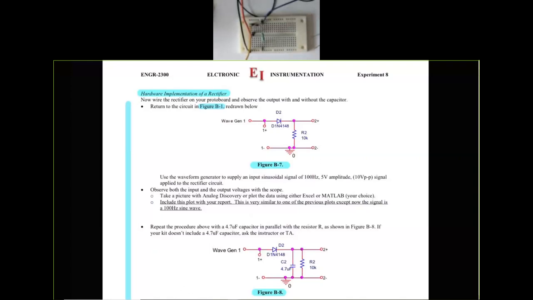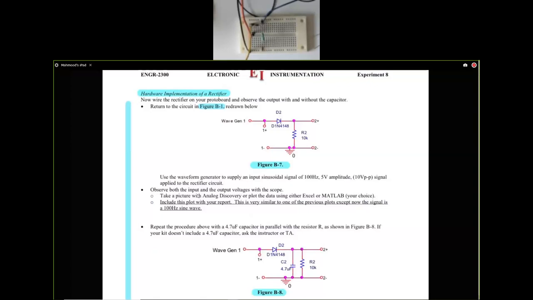The only difference here is that we are moving to a sinusoidal signal with a 100 hertz frequency. So just the shape of the signal is going to change, and the frequency is going to change. And then we will do the same thing. We will do this in waveforms, and then I will share the results.